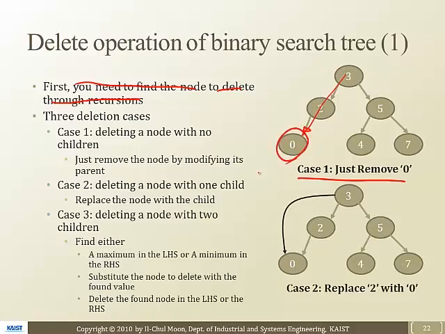Then 0 can navigate to the parent node and set the parent's left-hand side to an empty node. That's how you handle this removal. After setting the parent's left-hand side to empty, there is no further path going to 0, because it's now broken, and 0 is effectively deleted.